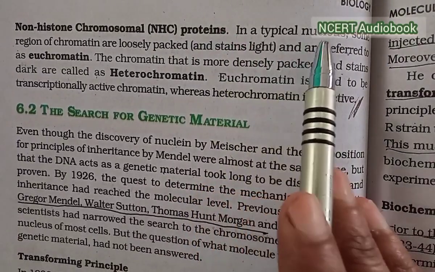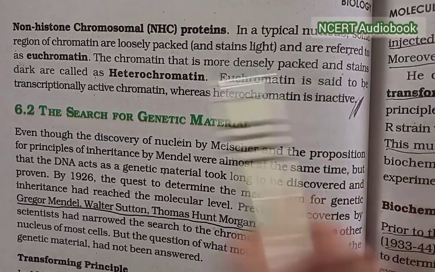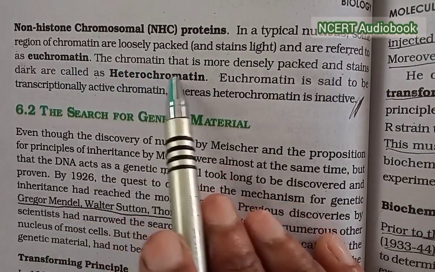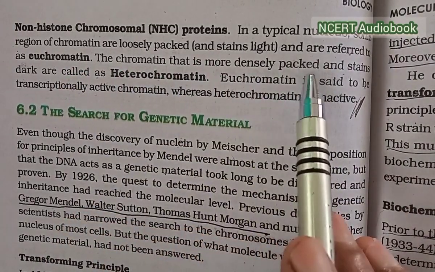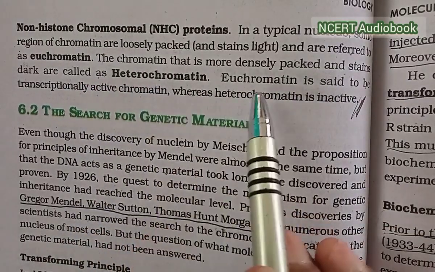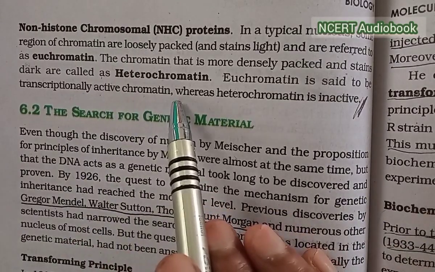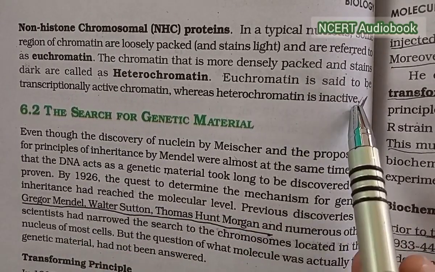In a typical nucleus, some regions of the chromatin are loosely packed and are referred to as the euchromatin. The chromatin that is more densely packed and stained dark is called the heterochromatin. Euchromatin is said to be the transcriptionally active chromatin, whereas the heterochromatin is inactive.